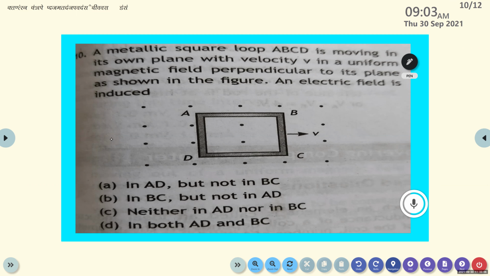Is it B? B. Yes, ma'am. Okay, Gayatri, D. It is D. Why? It is metallic. Since it is parallel, that's right.